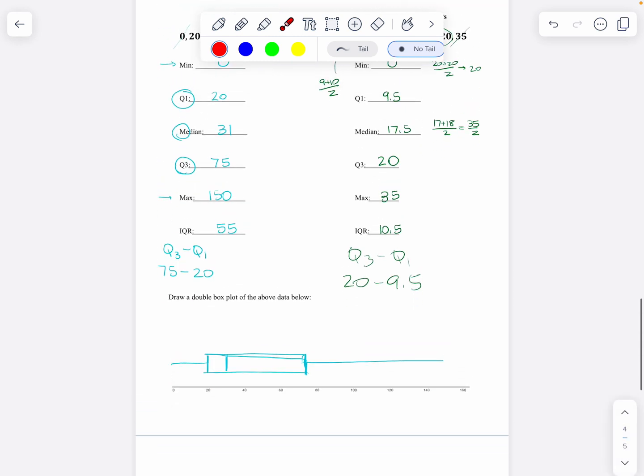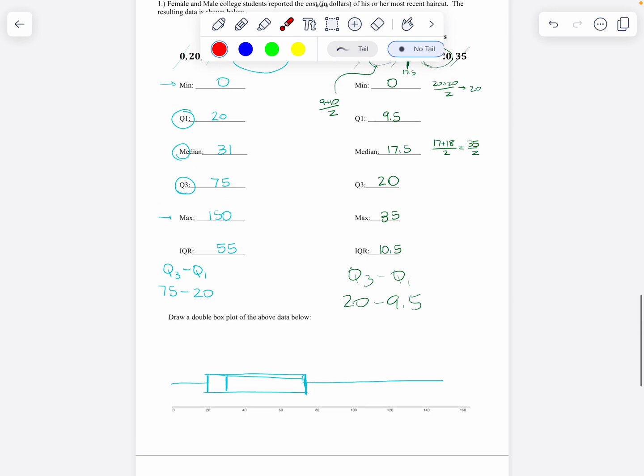So now if you notice, this IQR is much smaller than this IQR. So what we're going to see is a much smaller box than this. Our max is much smaller. So we're probably going to see this way over here. And a bunch of other stuff is different. So it's good to compare. So 9.5 is the Q1. 17.5 is, I don't know, totally estimating here, is there.